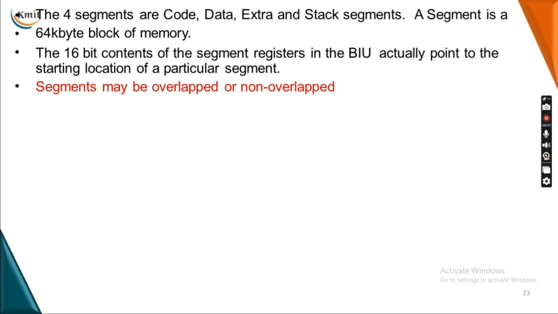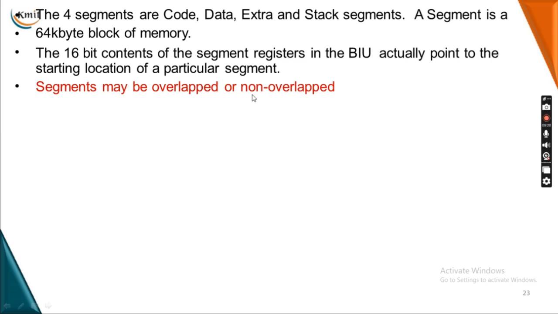So the segments can be overlapped or non-overlapped. Non-overlapped means simple: the segments which do not overlap with each other are called non-overlapped segments. For example, if my code segment address is 0000 to 0FFFF and my data segment is 10000 to 1FFFF, they are not overlapping with each other.